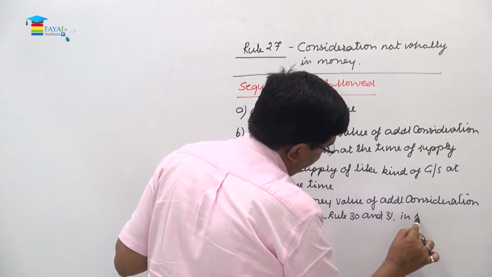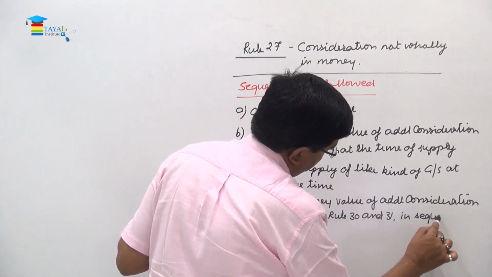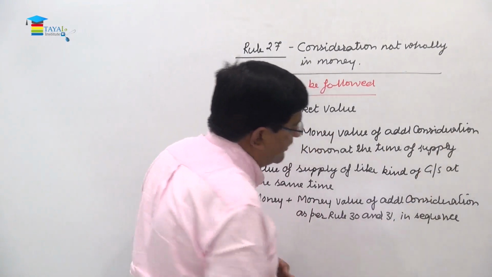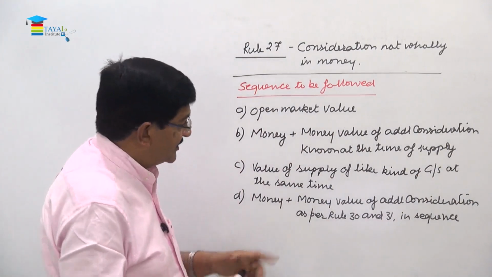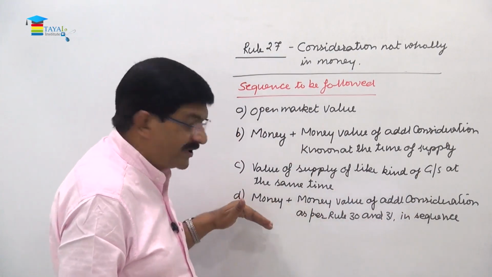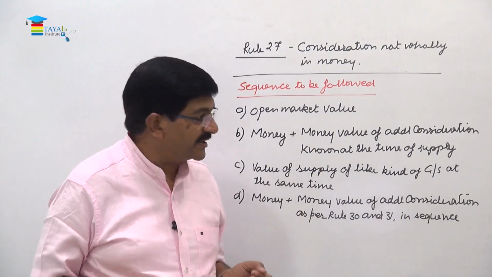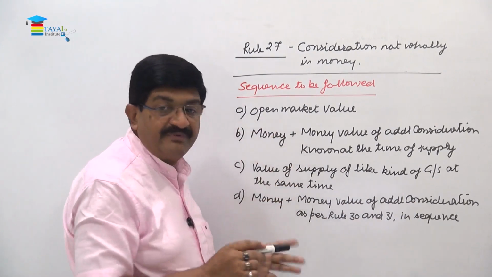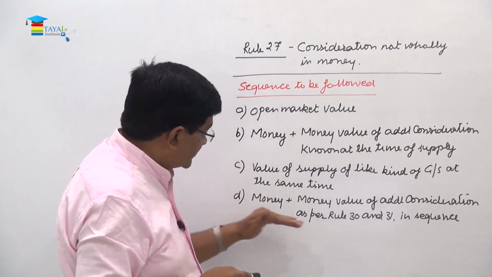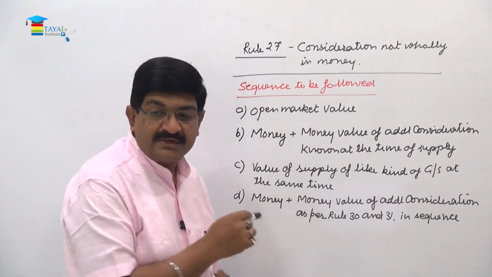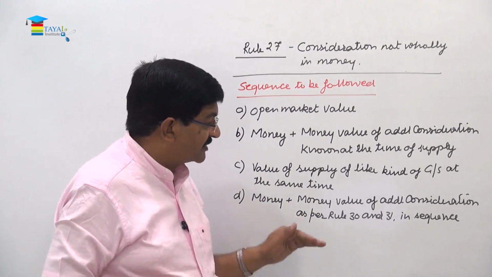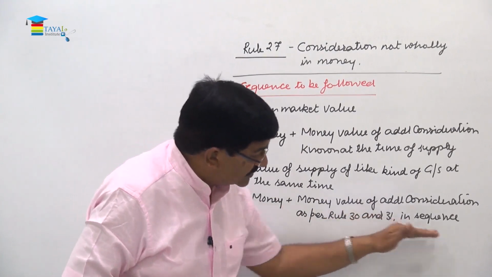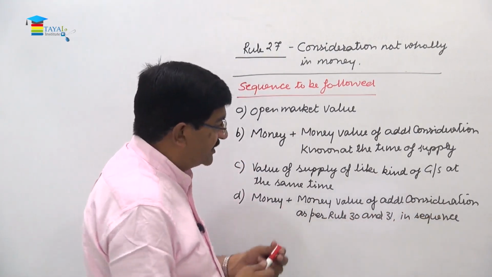This is also in sequence. So how to determine the value of additional consideration? Money is already there. First is clause B, if it is already known. If it is not known, then the value of additional consideration is to be decided as per rule number 30 and 31, and those rules are also required to be followed in sequence.